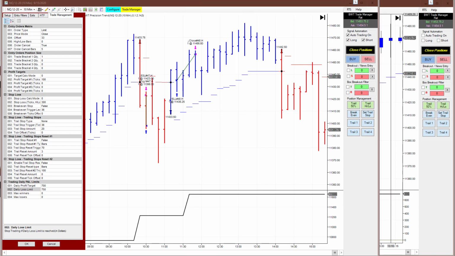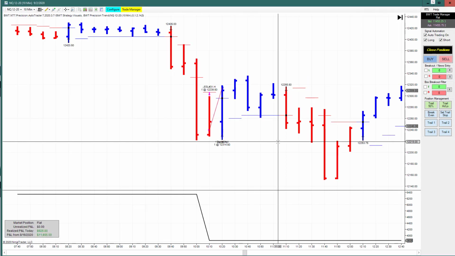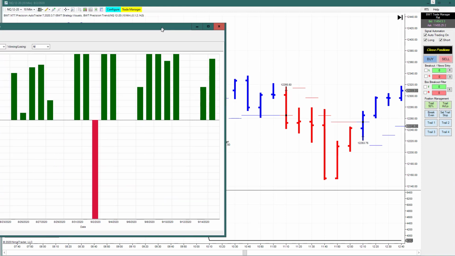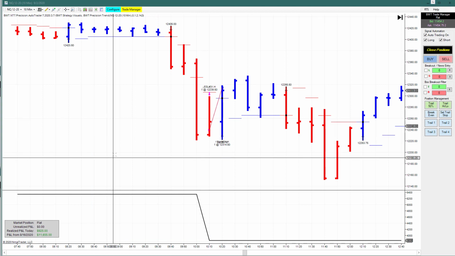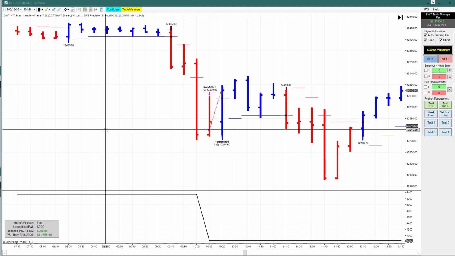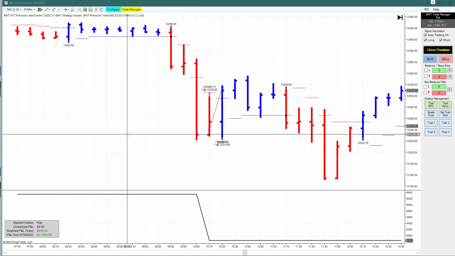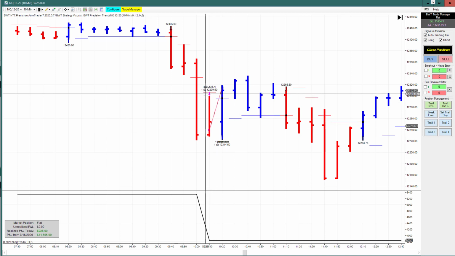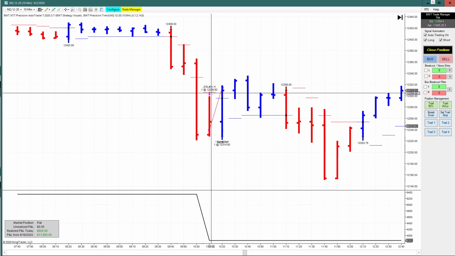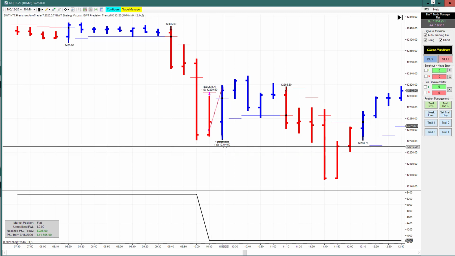So if we go to the second, okay, here's September 2nd. You can see the date on the title bar here, and here's our drawdown here. Now, what we have is a stop out on this day. So we went short at 239.50 and exited at 314.50.